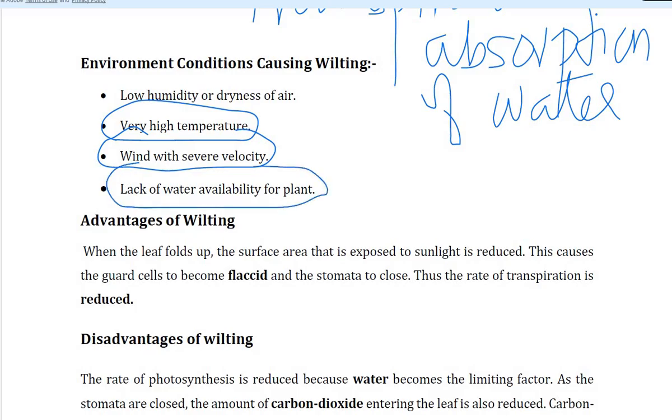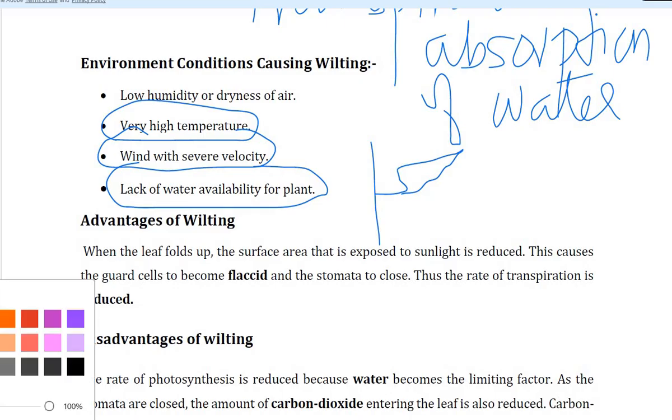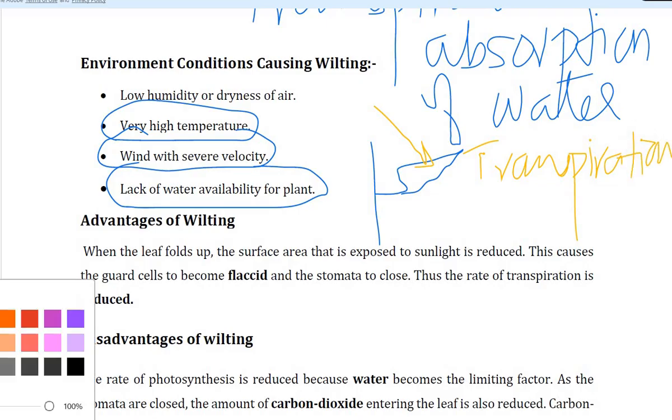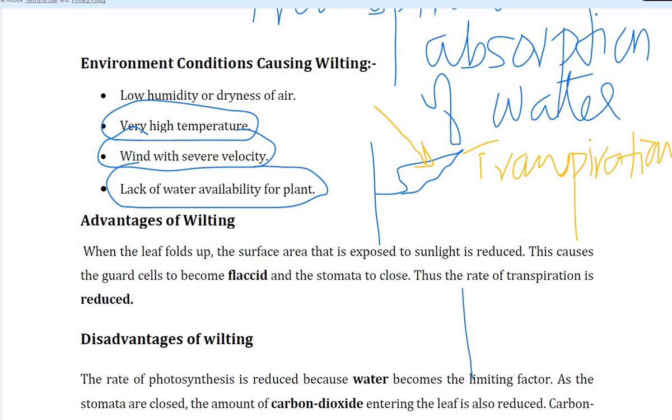Okay, what are the advantages of wilting? For example, this is a normal leaf and full sunlight is falling on it. And when there is sunlight, there is maximum transpiration. Okay, now let's look. In wilting, what happens?